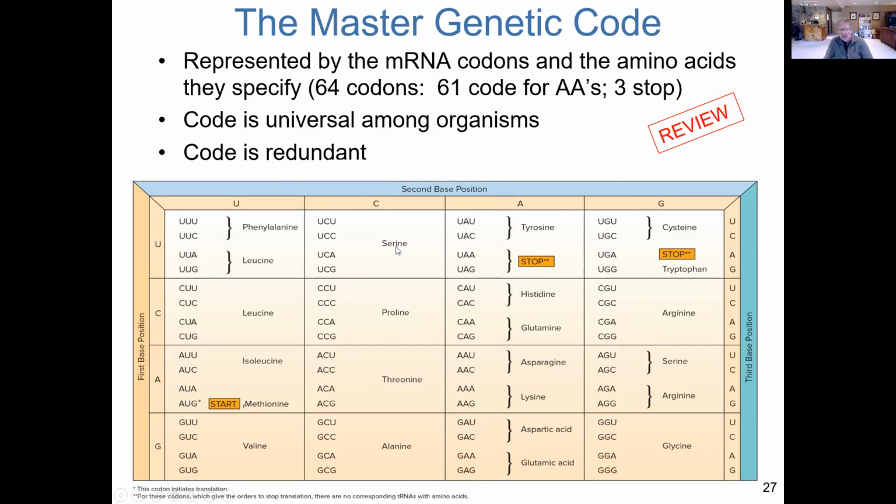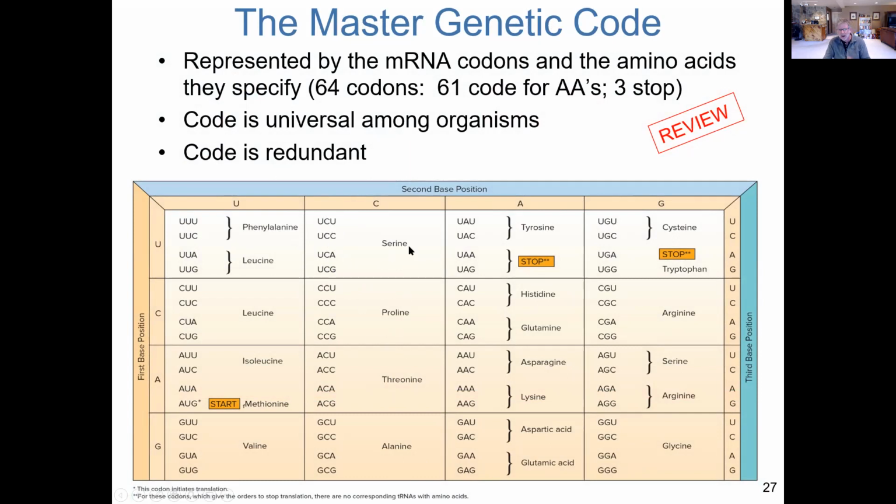It will be brought in by a transfer RNA, again, whose anticodon must complement these codon sequences. So now you can begin to see how there are many more codon sequences than there are amino acids, because you can have anywhere from 2 to 4 codons specifying a given amino acid.